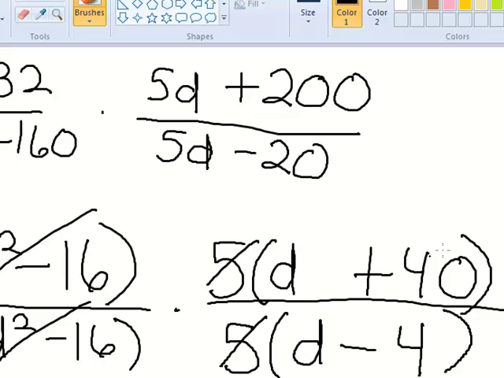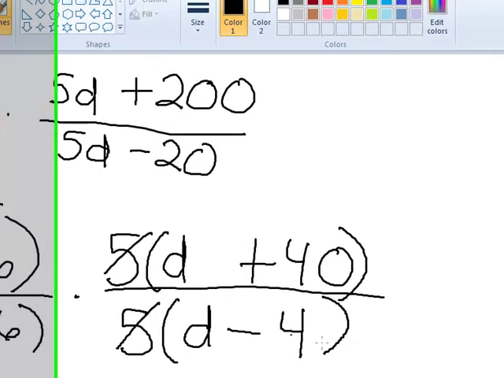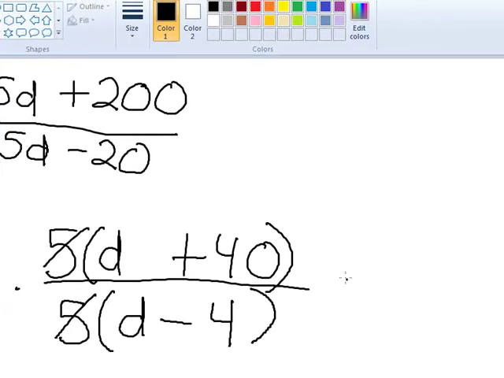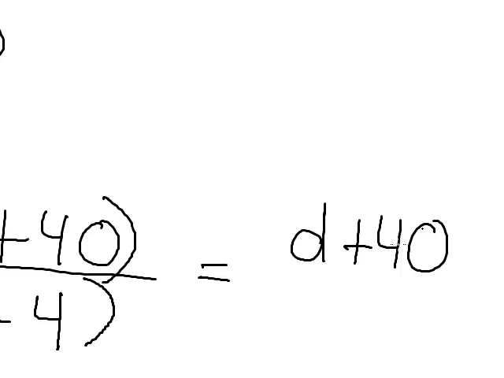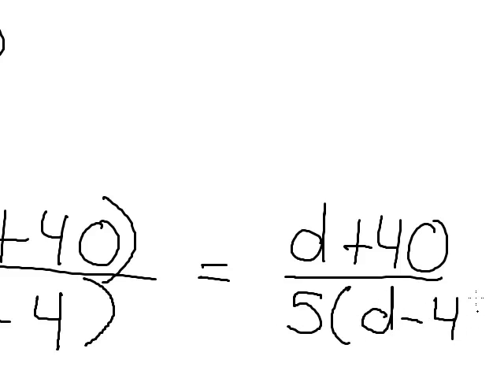The whole thing has to be able to be written as 4 times something for 4 to be a factor. So we can't cancel the 4's. And so what we are left with is, up in the numerator, d plus 40, and down in the denominator, 5 times the quantity d minus 4.